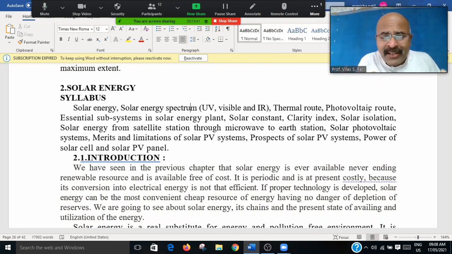We know that solar energy is periodical, it is seasonal, and it varies. On the earth surface, we are going to plant the solar energy plant, but solar energy is periodic and season wise.